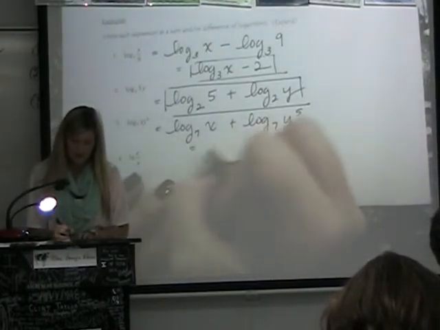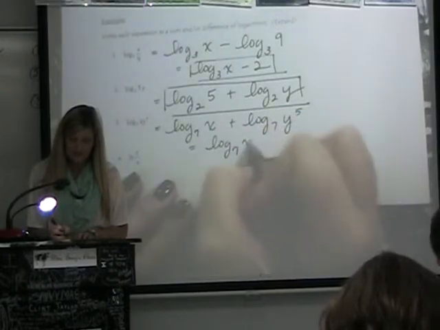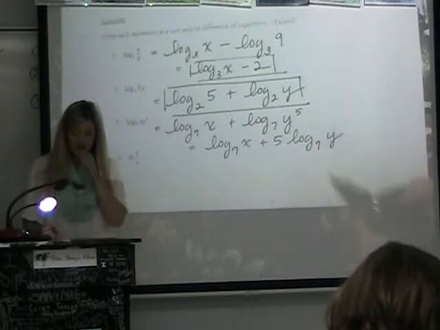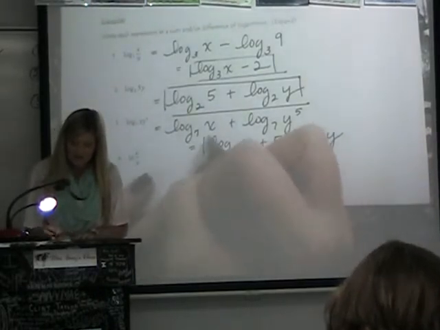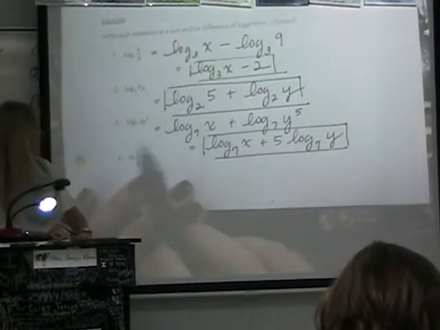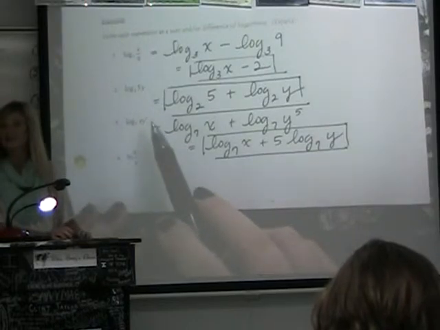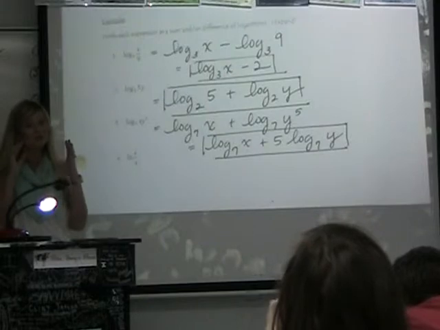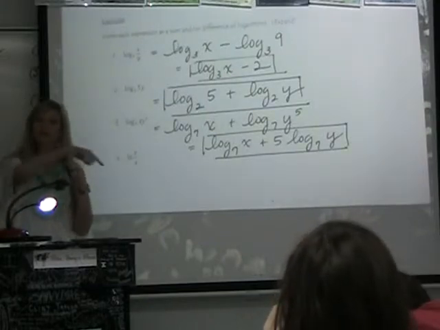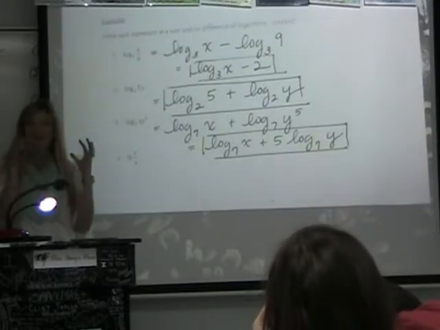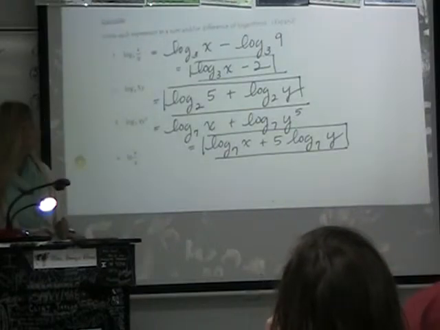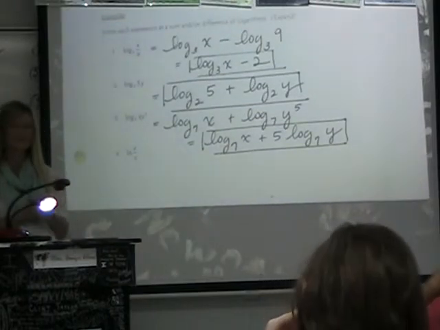So our answer is going to look like log base 7 of x plus 5 log base 7 of y. Notice that I didn't pull down the 5 first because the only thing being raised to the 5th power is the y. Had the x and y been in parentheses, I would have pulled the exponent down first, and it would actually go in front of both logarithms in my final answer. So you have to pay attention to how it's written.